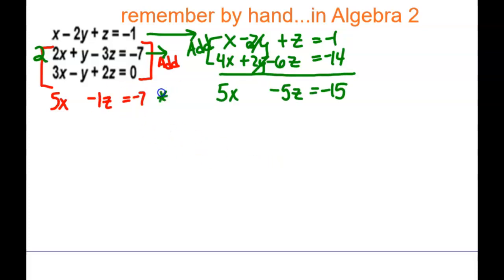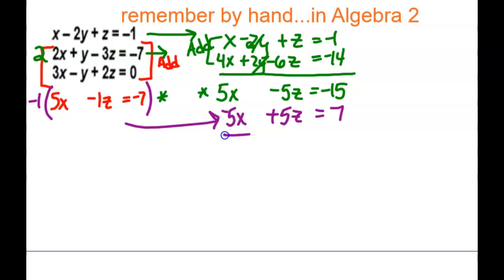Now I have this equation and this equation that both only have what? X and z. It also happens to be really nice because they both have 5 x's. So if I multiply this guy by a negative 1 and write him down here, he'll be negative 5x plus 5z equals 7. Then if I add those two, what did I do wrong?